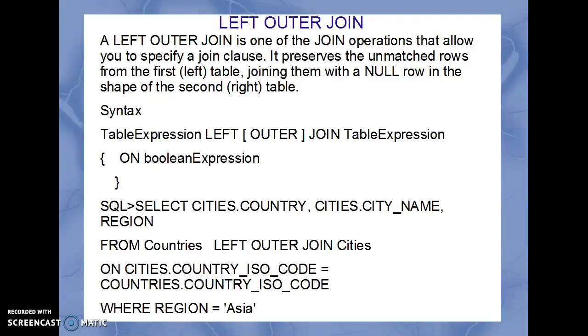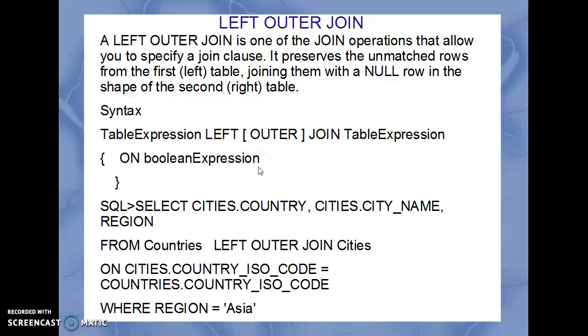This is called a left outer join. It is also one of the outer joins, but it preserves the left unmatched rows. Let's see the syntax: table expression, which is the table name, LEFT OUTER JOIN, and another table expression.